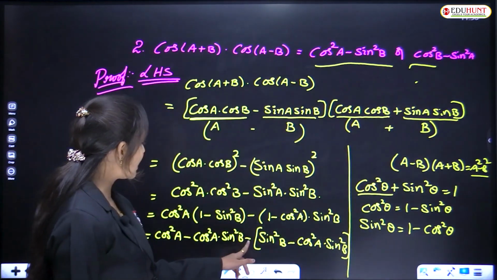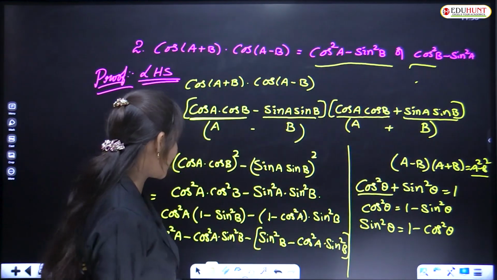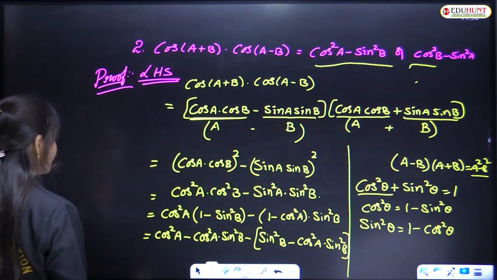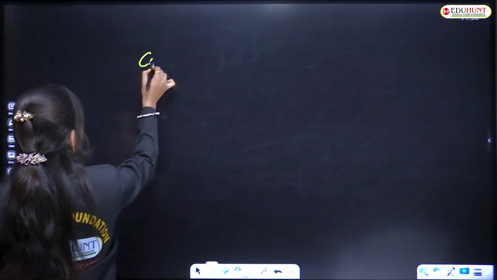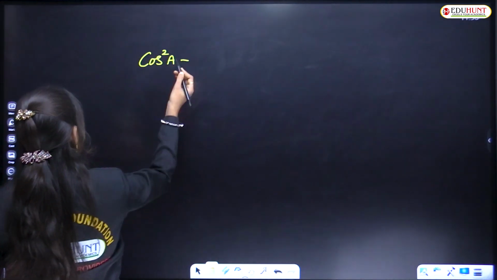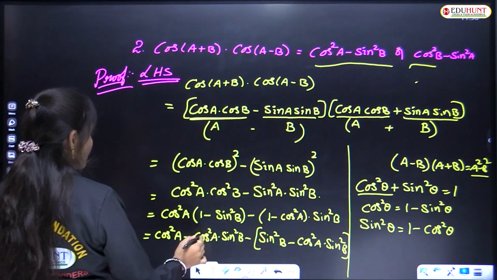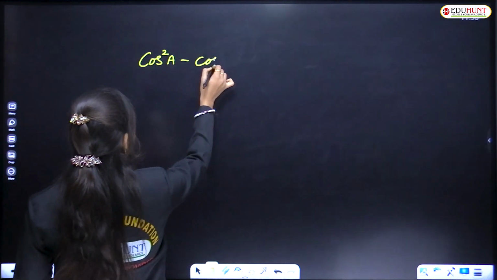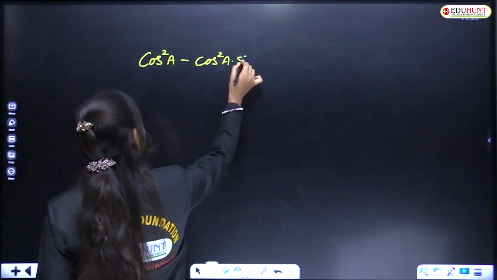Now again do the multiplication with a negative sign. So what we will get here? Cos square A minus cos square A into sin square B.